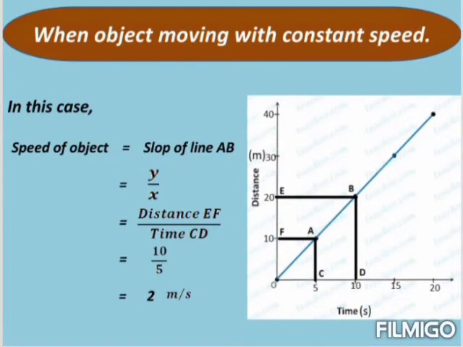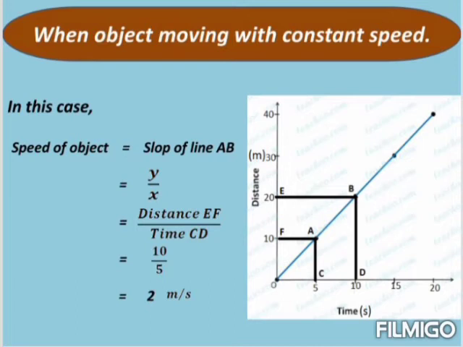Now we have to find the value of constant speed from the given graph. First of all, we draw the graph, then we take the different values from different points on the graph, and then we can easily find the value of speed. So how can we find it? First, we take different points, and at those points we get the exact values of distance and time.